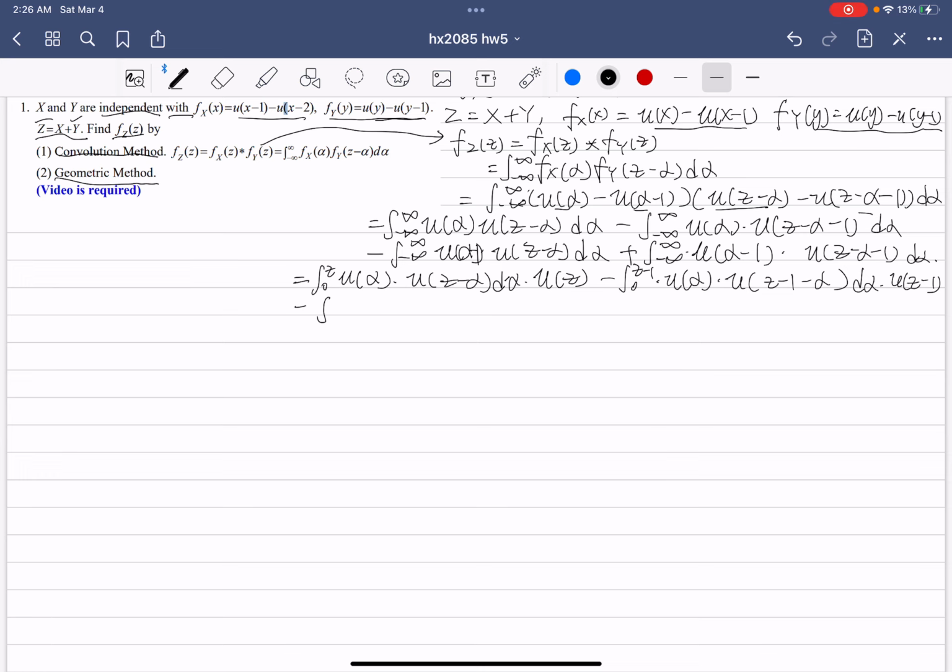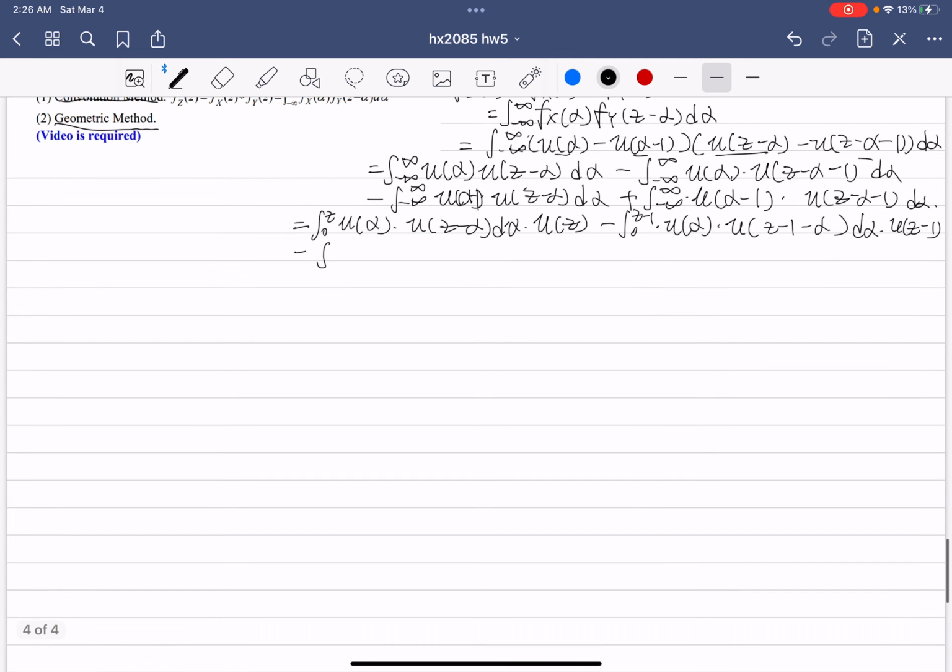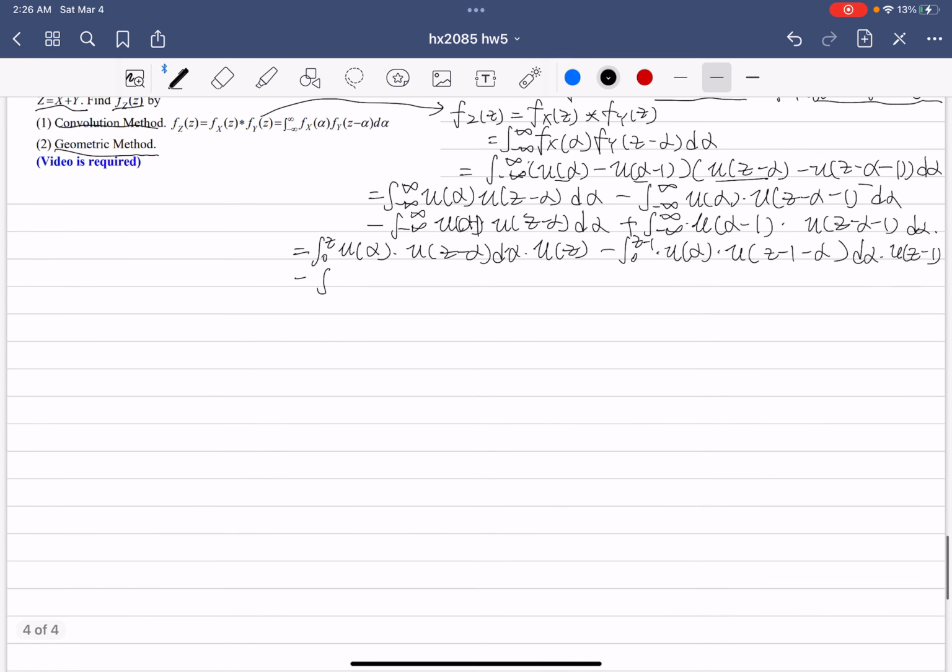The third part is the same as the first two parts: from 1 to z, d alpha, and times u(z minus 1). The last part is from 1 to z minus 1, d alpha, times u(z minus 2).